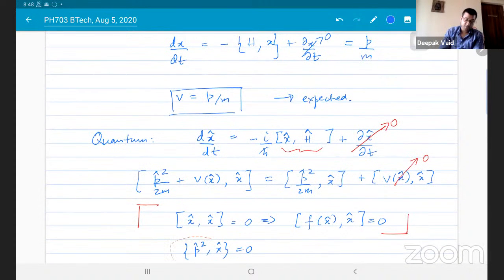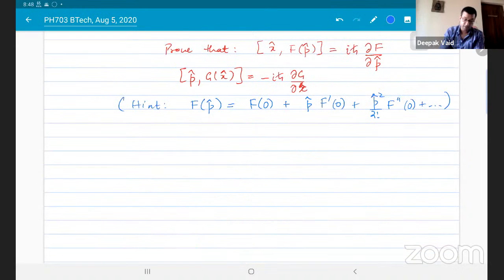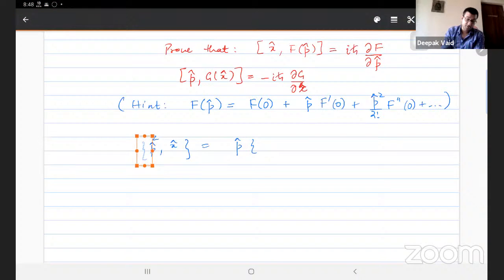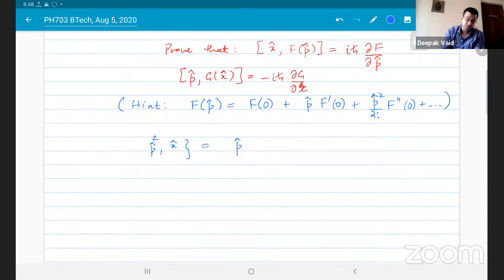So when you calculate the commutator of p square with x, again, this is not difficult. Sorry, this should be a commutator sign, not a Poisson bracket sign.